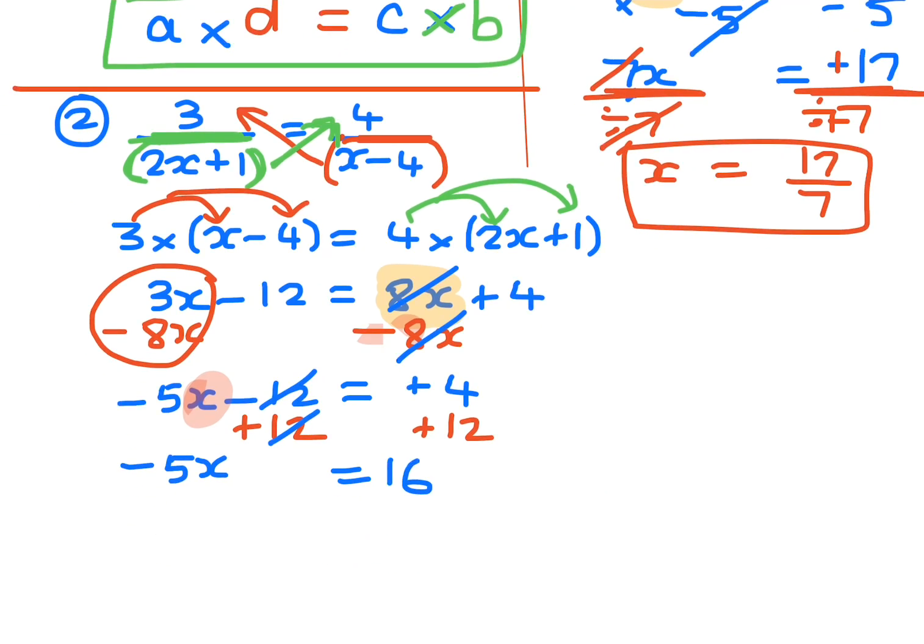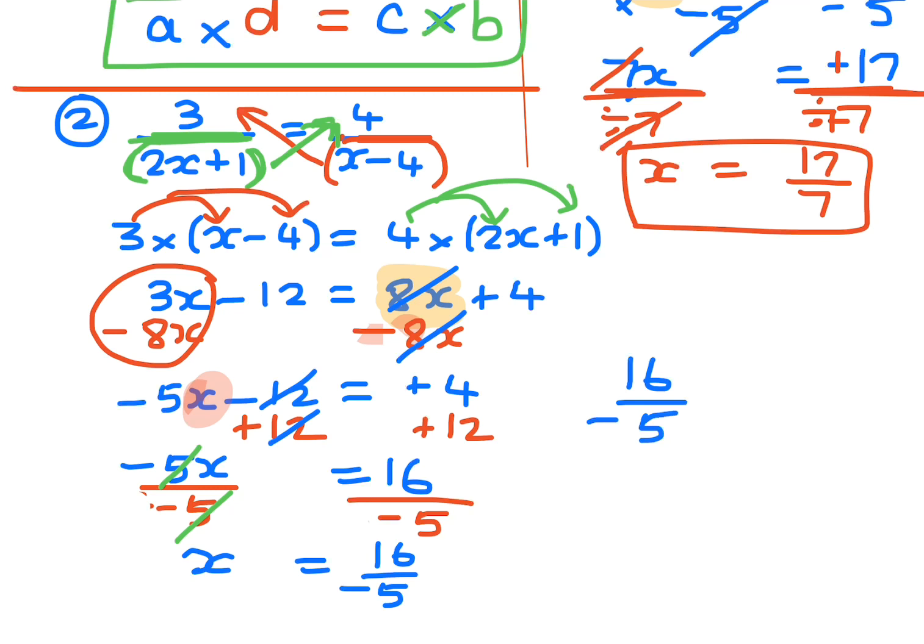And then we are going to divide by the minus 5, but we remember that instead of division, we can just use our fraction bar because that means the same thing. Then we can just cancel out the minus 5, so we are left with x equals 16 on minus 5.